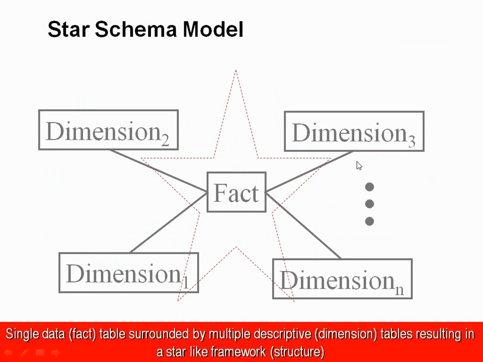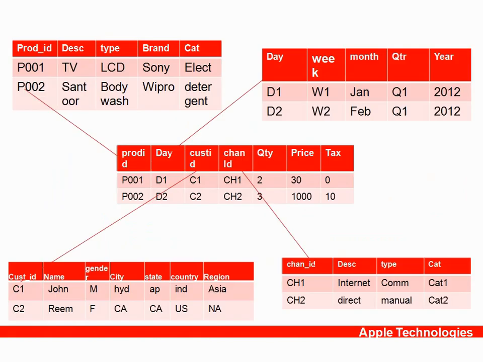When we have a table, we have some columns, and we can store these columns in a single table, or we can split them into multiple tables. But in this star model, every dimension table is completely denormalized.